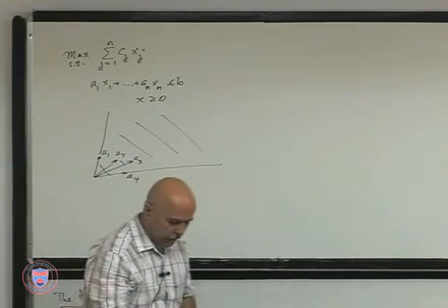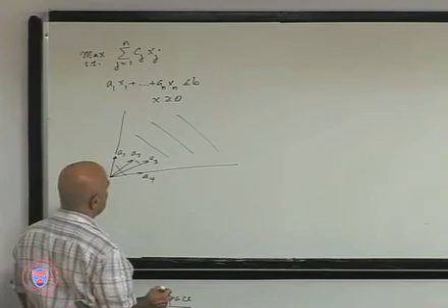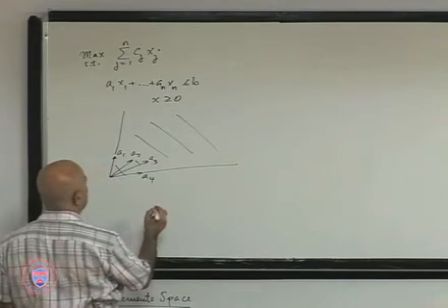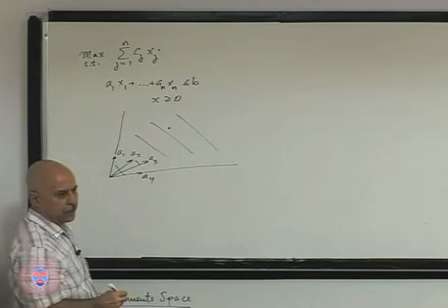Now the B vector, when you take a typical B, for example, if you take B here, that's a vector, that's a point.